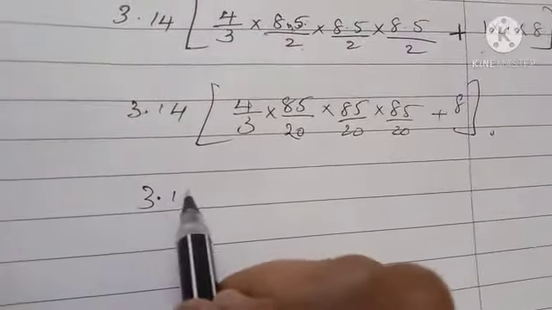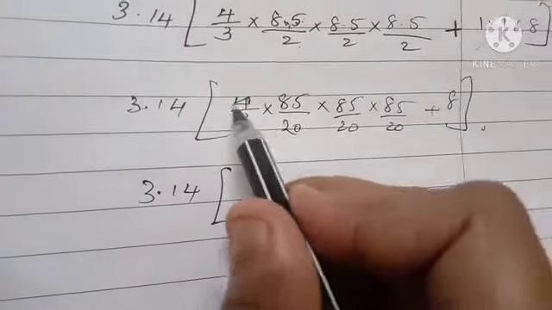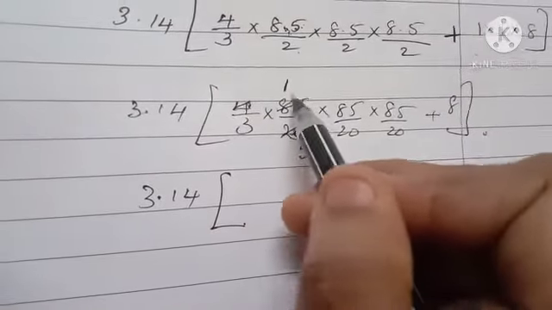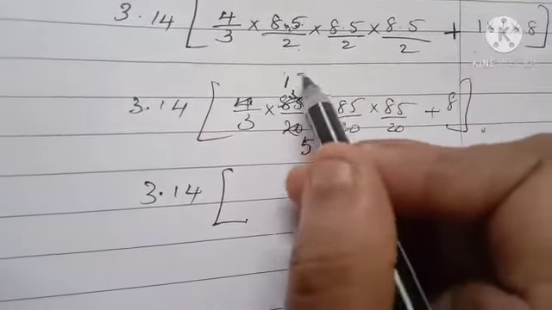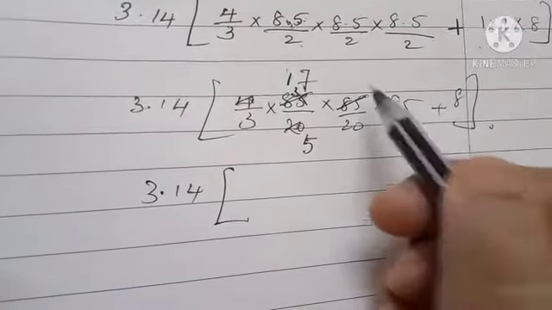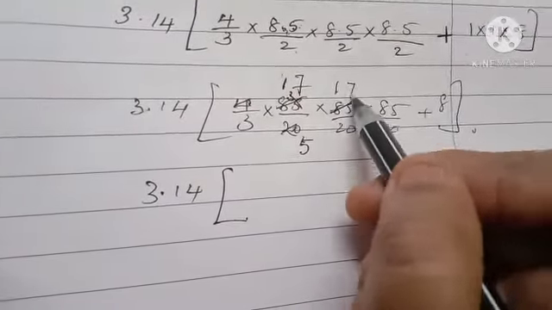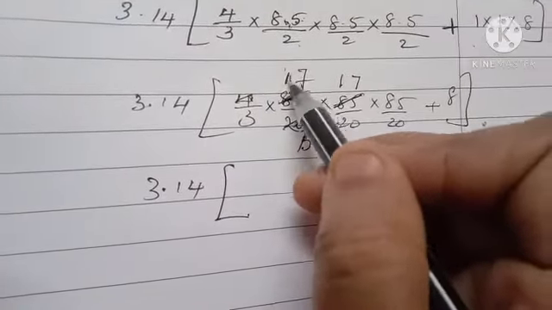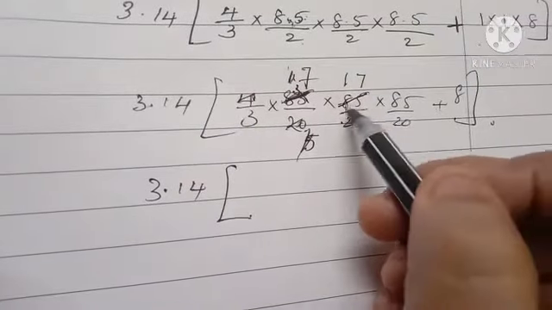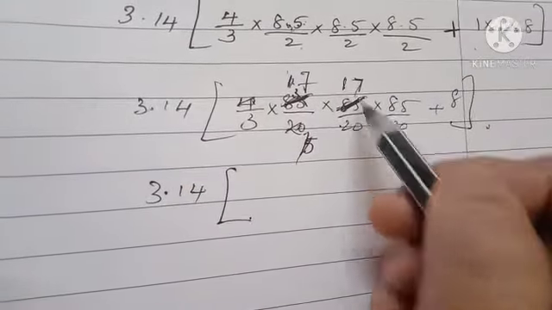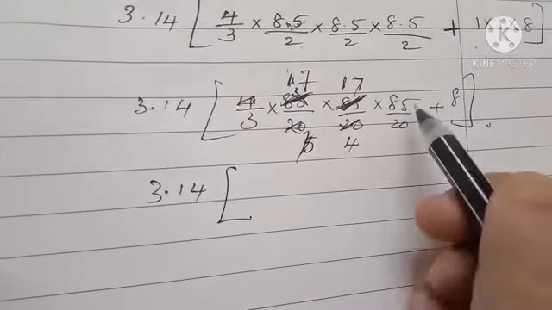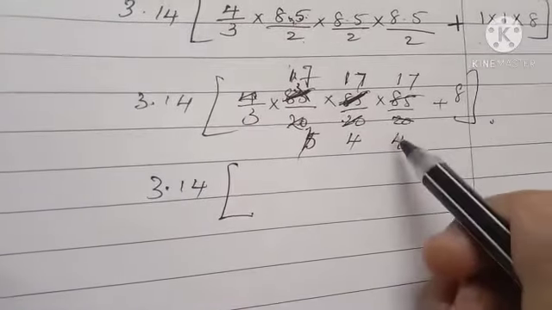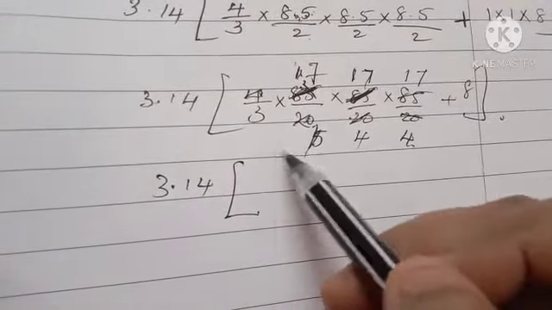Then 3.14 into 4, and this 20 we can cut. Then 85 by 5, how many times? 17 times. Here also we can cut this: 85 by 5 is 17, and I cut this. Then I got 4, and 20 cut with 4 gives 5.